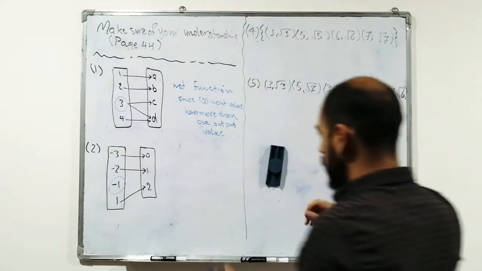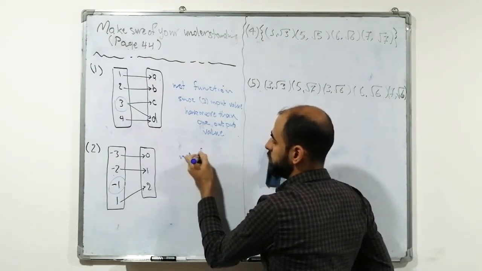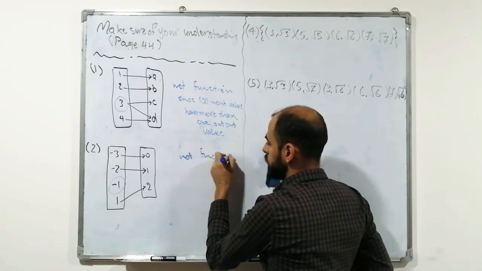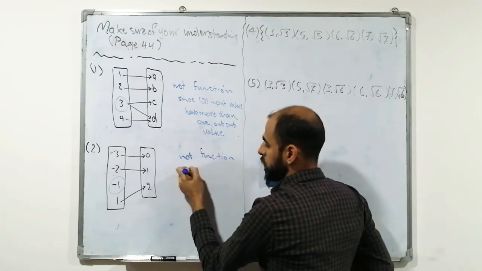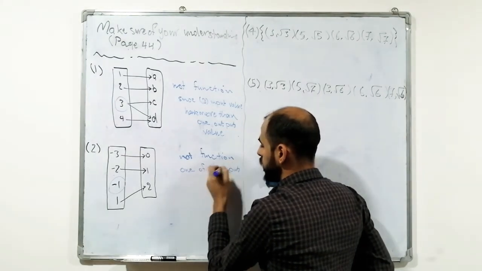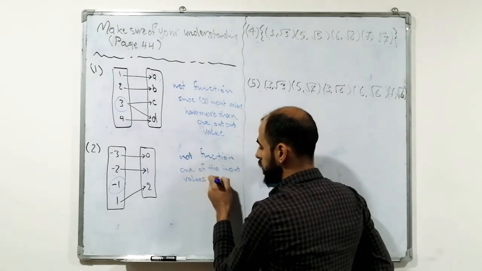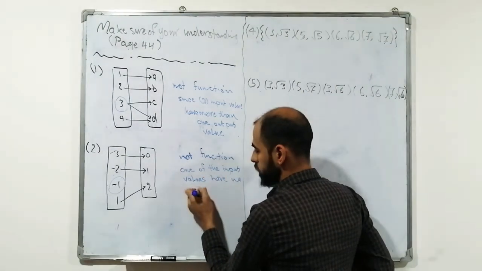So this relation is not a function. One of the input values has no output.